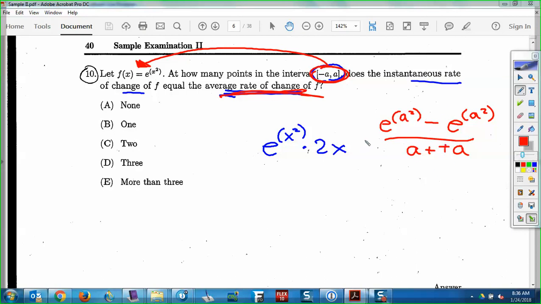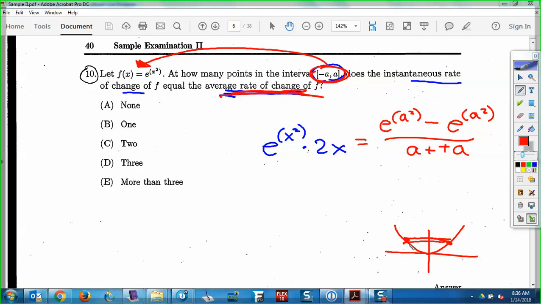And then the question really is, when are those equal? Well, what's the right side equal to? 0, right? Because the top is 0. And it makes sense, e to the x squared is probably some even function. You put opposites in, you get opposites out, and so the slope between a and negative a is going to be 0.